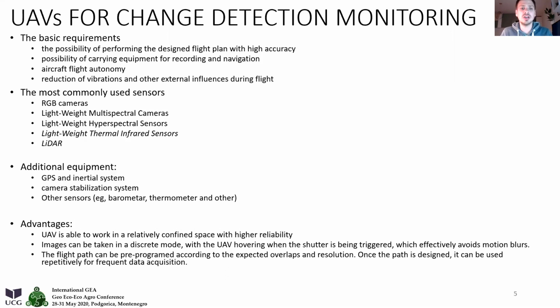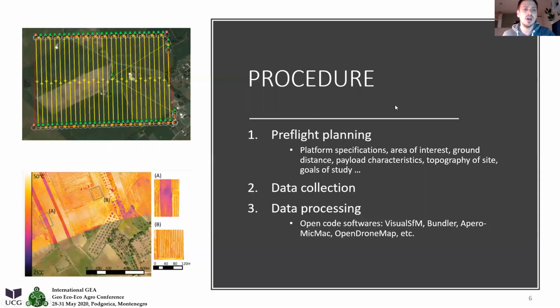Such platforms usually have some advantages, such as that a UAV is able to work in a relatively confined space with higher reliability. Images can be taken in discrete mode and can effectively avoid motion blur. And the flight path can be pre-programmed according to the expected overlaps and resolution. When recording with a drone, each procedure consists of three basic steps.